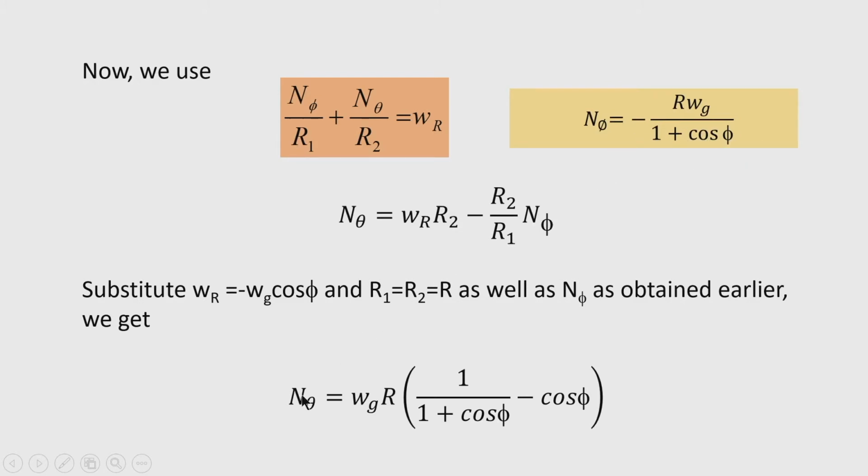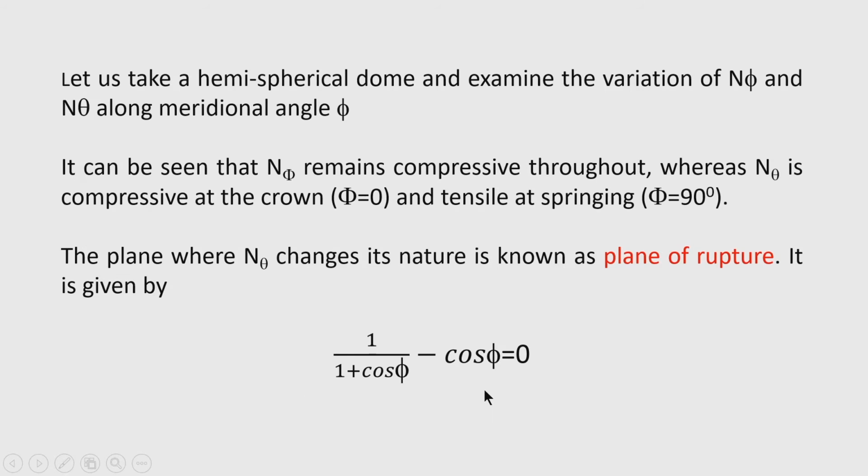However, the nature of n theta may change with the value of phi. So, we have to see at what value of phi the nature of n theta changes, that means, its nature is reversed. Previously, say it was compression, now it will be in tension. So, this angle we have to find out.